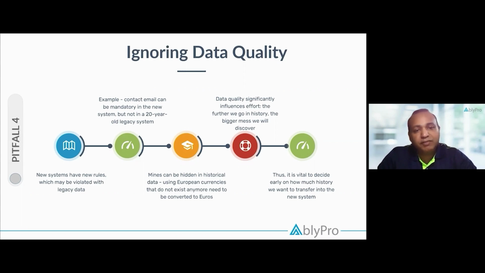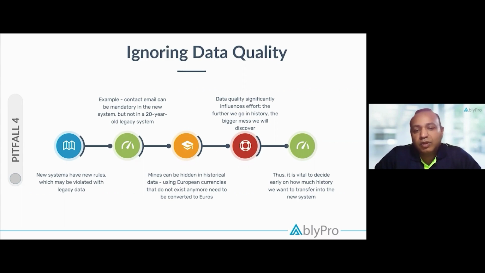But since you don't have that value, your data migration scripts will fail. And this will happen because you have not analyzed the data. You have not analyzed that contact email is mandatory in the new system, but it's blank in the old legacy system. And that is what I mean by data cleansing and data analysis.